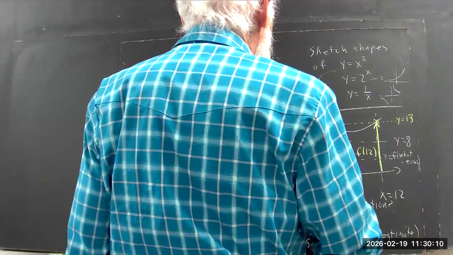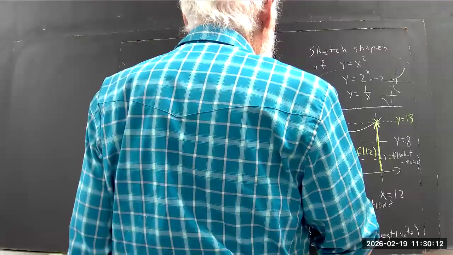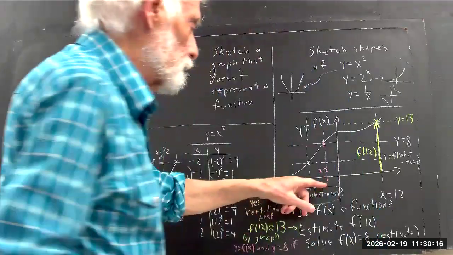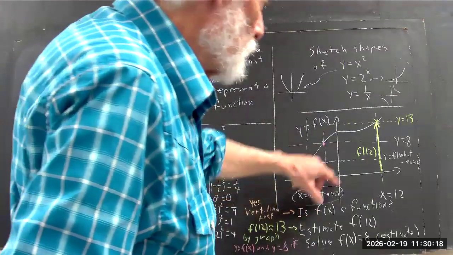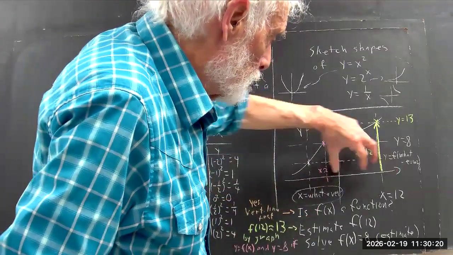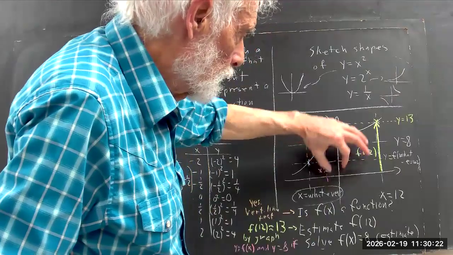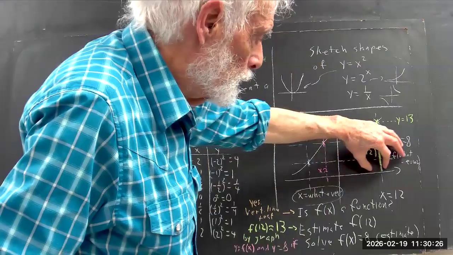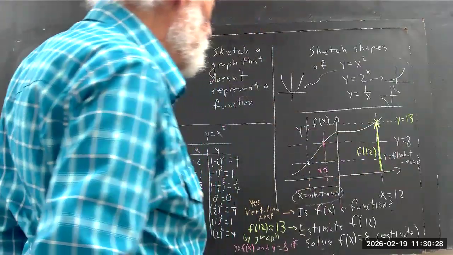So what do you think x equals on this line? Well, this is 12. So this is a lot less than 12. How many of these does it take to make 12? 1, 2, about 3.